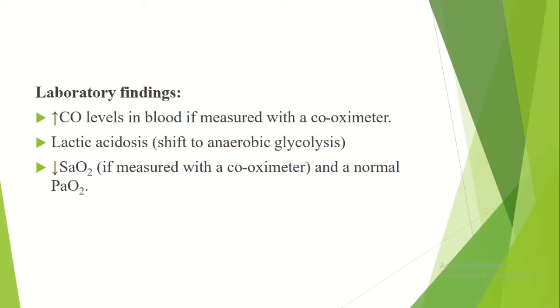However, in the absence of oxygen, glucose will be metabolized into lactate, and lactate is going to build up, and this is going to result in lactic acidosis. And the third finding is reduction in the oxygen saturation with a normal partial pressure of oxygen in the arterioles.